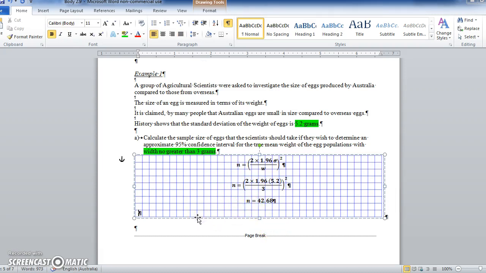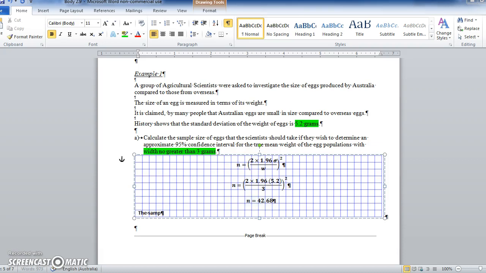So we have to round up. If we round down and do 42, we're not going to get a big enough sample, or we're going to get an interval that's too big. So we're going to have to round up to ensure that our interval is no greater than 3 grams.